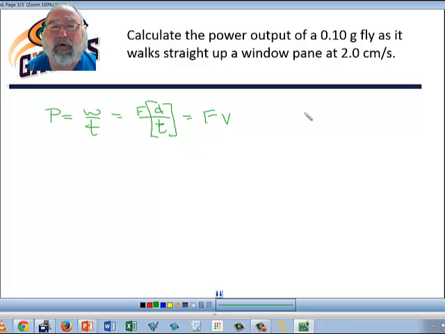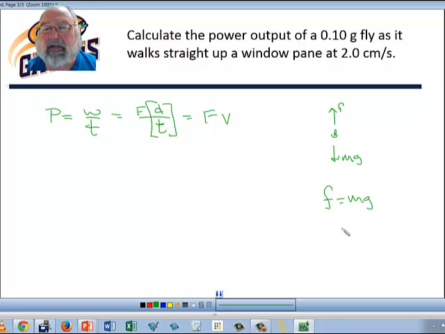Okay, so the force on the fly. So believe it or not, it's actually a friction force that allows the fly to climb up the window. Okay, so that means the force that the fly applies to the window, the friction on the fly, is equal to mg. And we have to remember that this is in grams, so we have to turn that into kilograms.